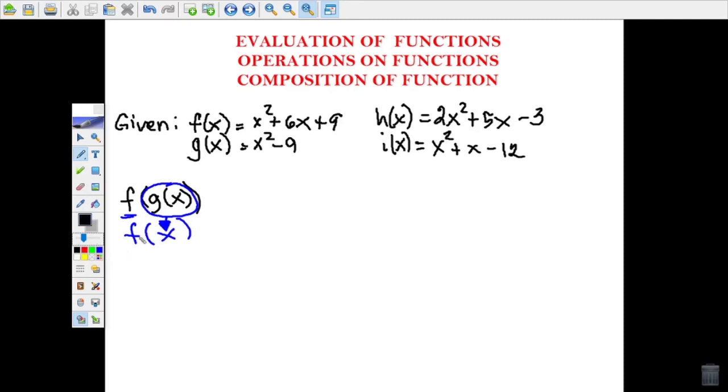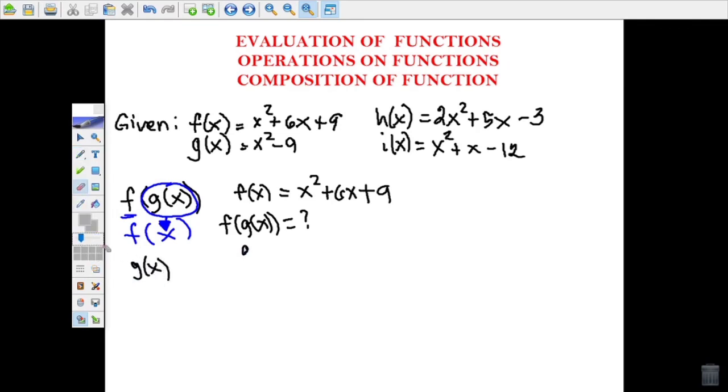Okay, so first, copy mo lang si f of x, which is x squared plus 6x plus 9. Since si f of g of x ang hinahanap natin, ano nga ba ang value ni g of x? Dito ko na lang siya isulat. Ang function na g of x is x squared minus 9.